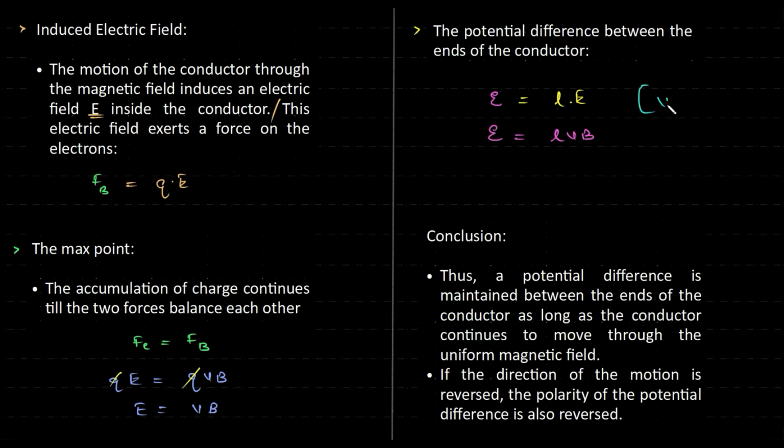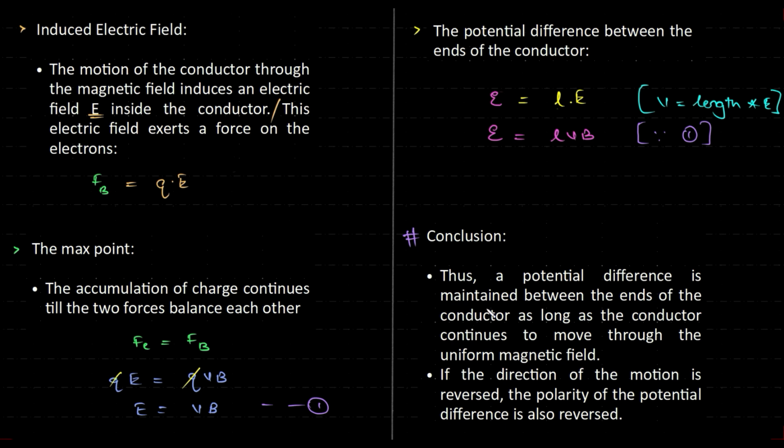Voltage is equal to length into electrical field, for a uniform electrical field. When we substitute from the first equation, we end up with this expression.